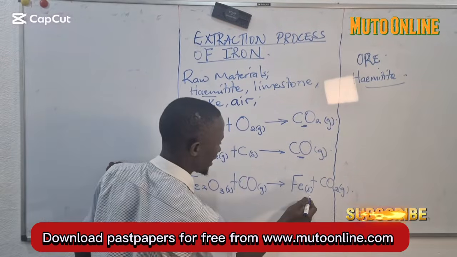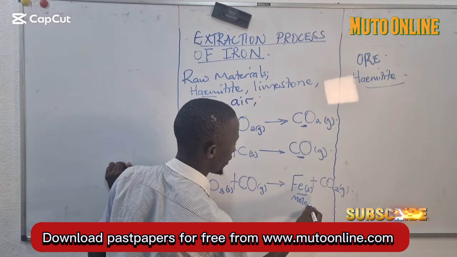So this formed iron is in molten state. We usually call it pig iron.